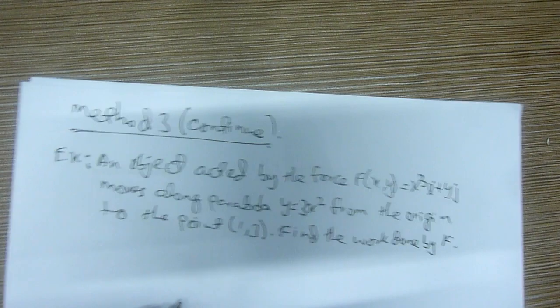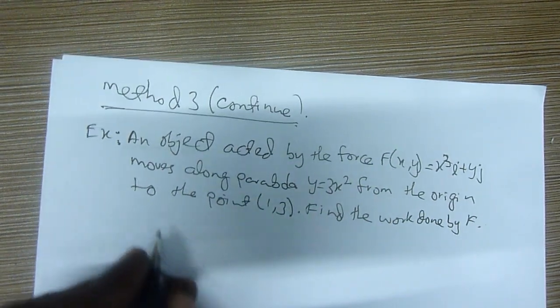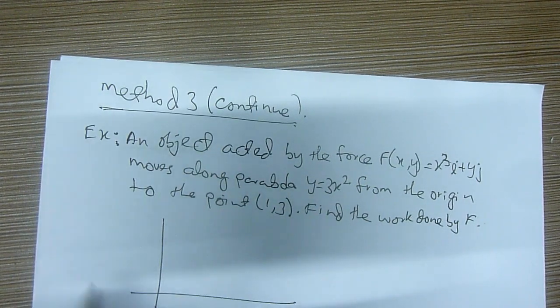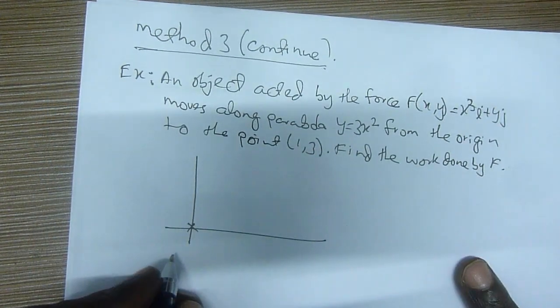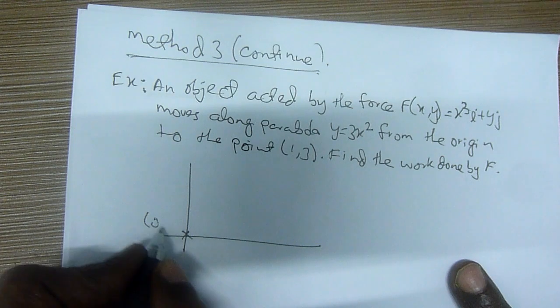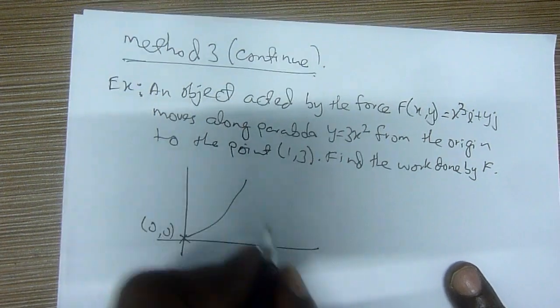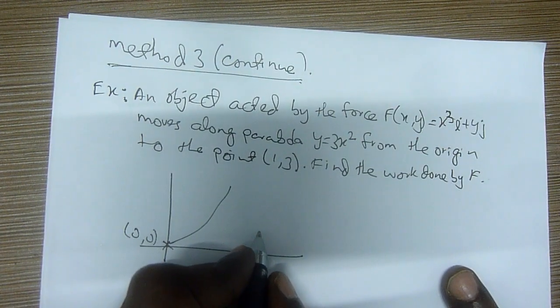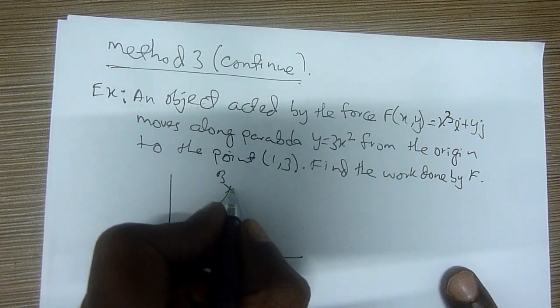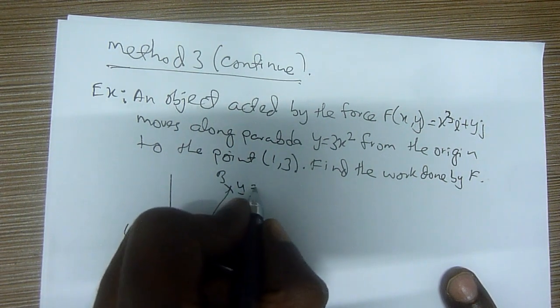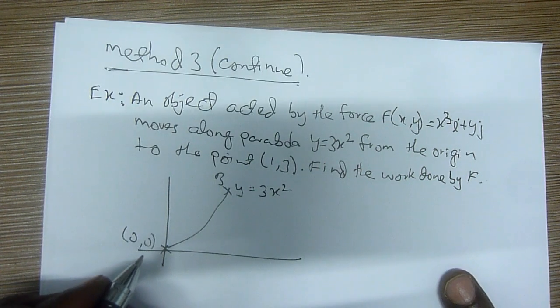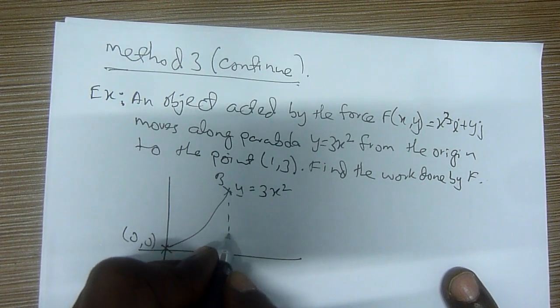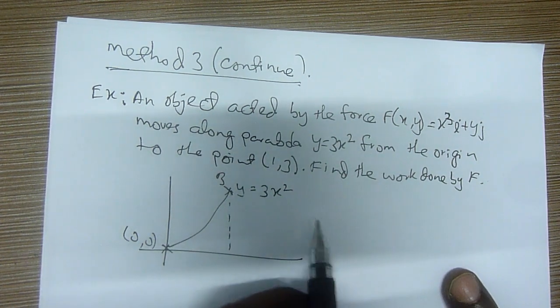How can the work basically be calculated again? Let us sketch this. The sketch will involve this F. From (0,0) it moves up like that. This is the point B, where y = 3x^2.